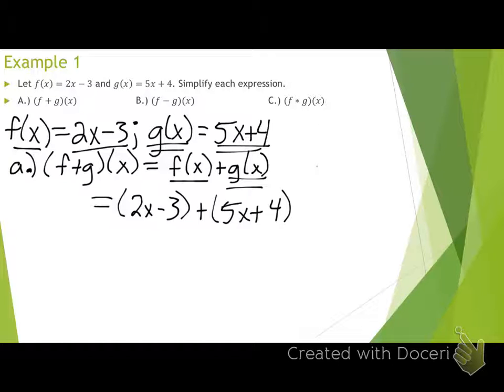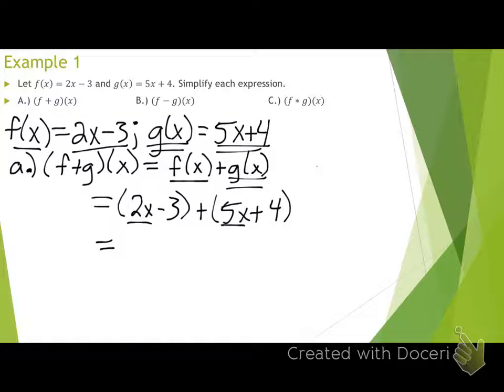Is there any simplifying I can do here before I start combining like terms? No. So what can I just start doing? Combining like terms. Someone list off a set of like terms for me. 5x and 2x.